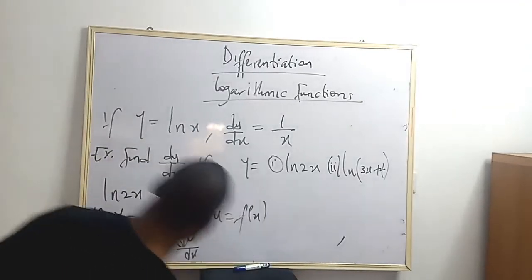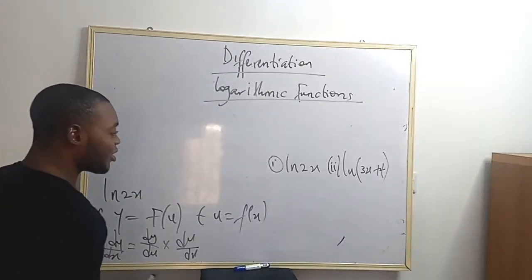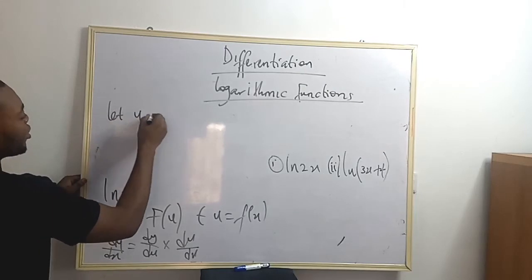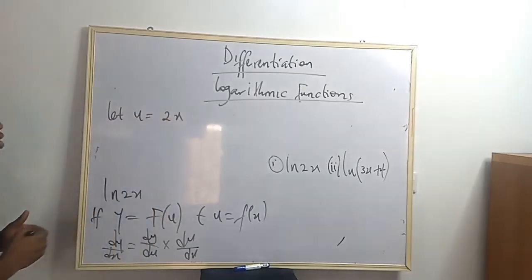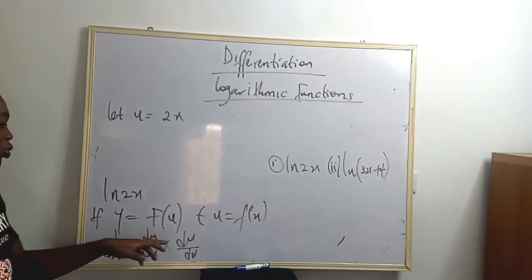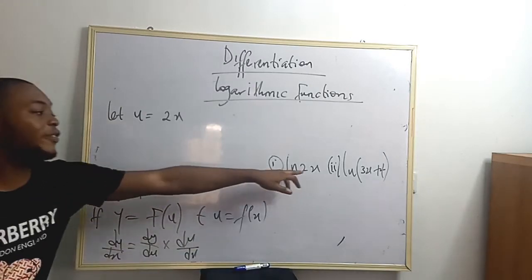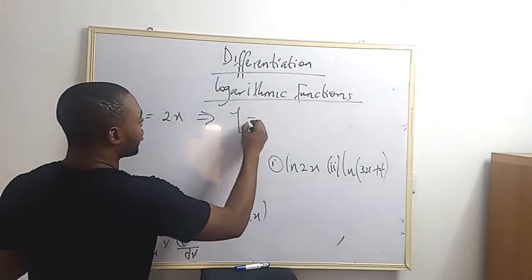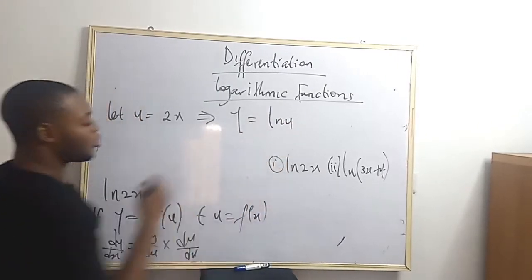So in this case now, we have ln 2x. We say let u be equal to what? 2x. So if u is equal to 2x, that implies y will be equal to what? ln u, right?